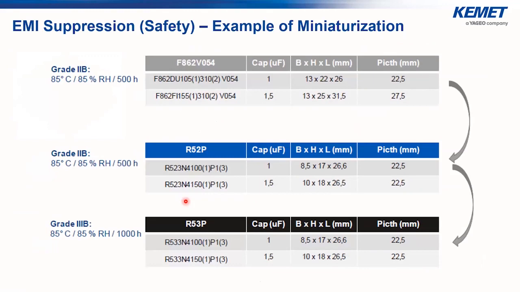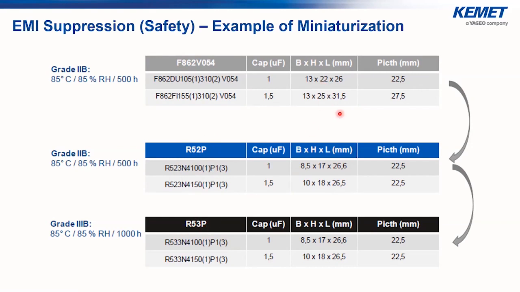To give you an idea about the miniaturization and the enhancement in performance compared to our previous series, we selected the same capacitance value and same rated voltage, and defined part numbers from our previous series, the F862, and compared their dimensions and THB performance with our R52 and R53 series.